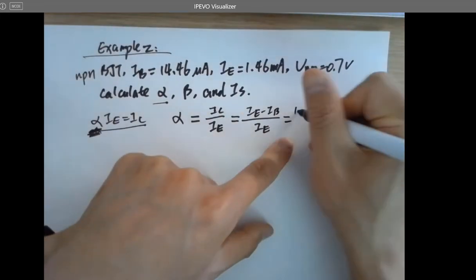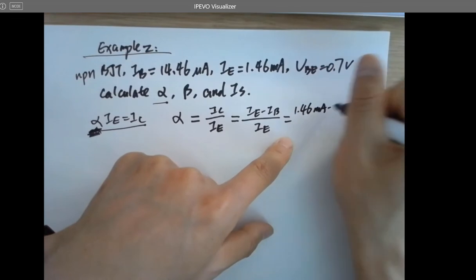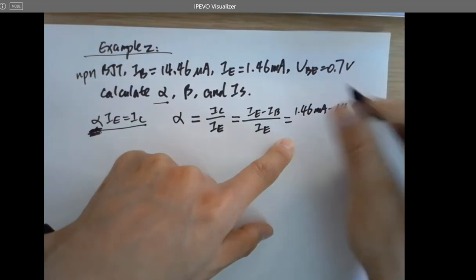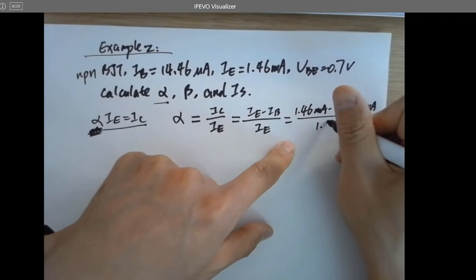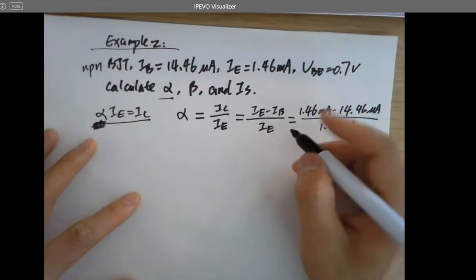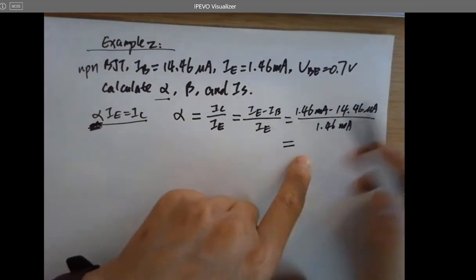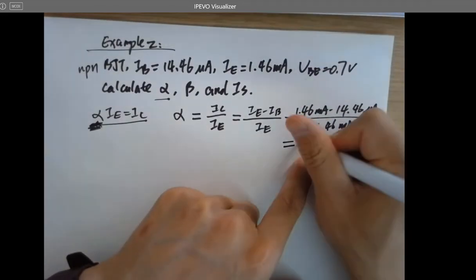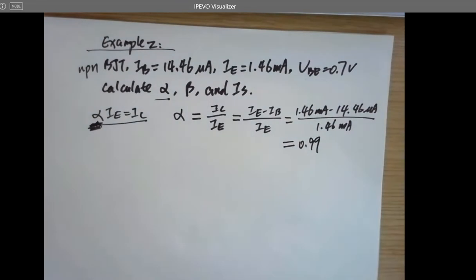So that will be 1.46 milliamps minus 14.46 microamps over 1.46 milliamps. So we can find out alpha, which is 0.99. We can find out actually alpha is very close to 1.